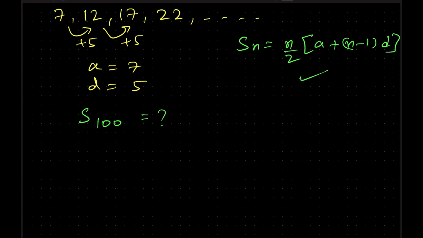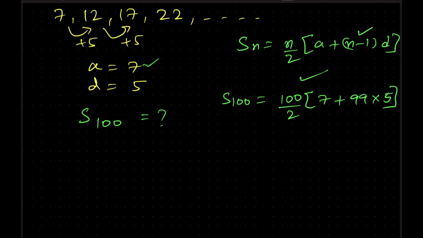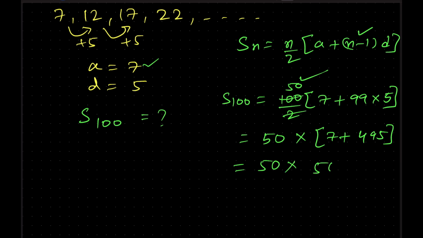Let's put n as 100, so S100 is equal to 100 by 2 times (2 times 7 plus (100 minus 1), that is 99, times 5). If you simplify this, you get 50 over here. 50 into (7 plus 99 times 5). What will it be? 495, and this will become 50 into 502. So just multiply this and get the answer.